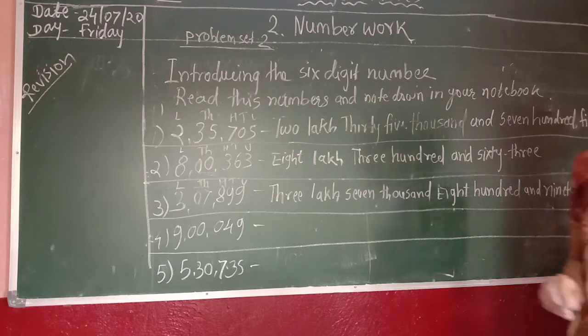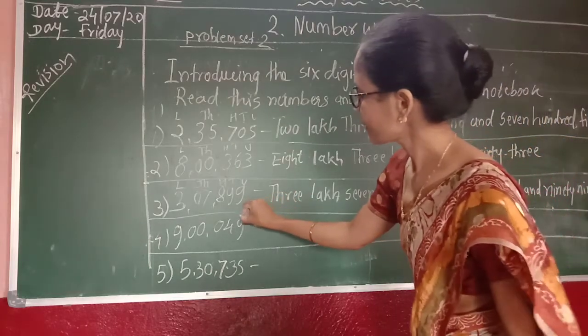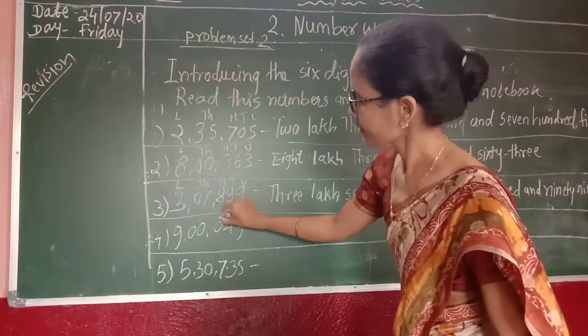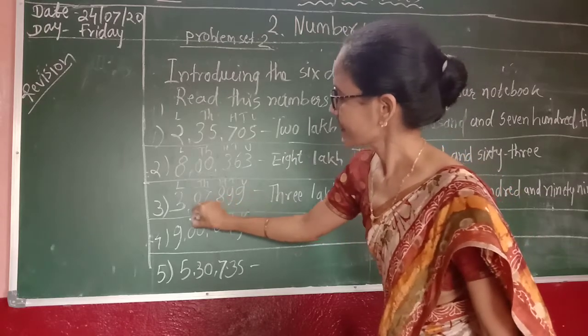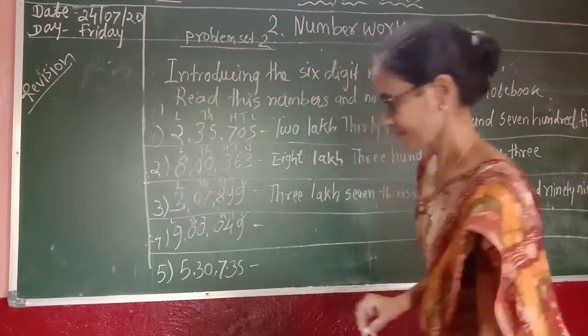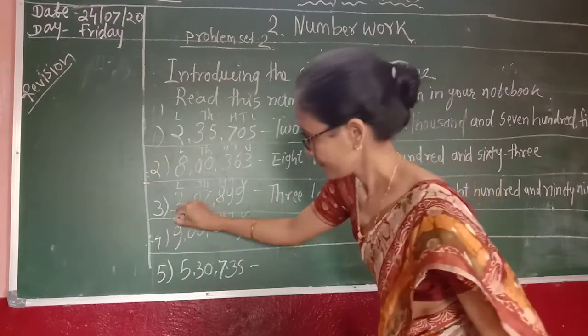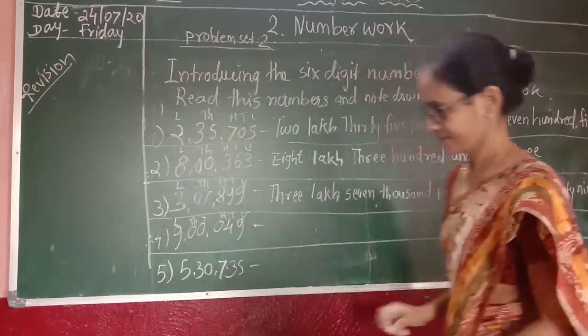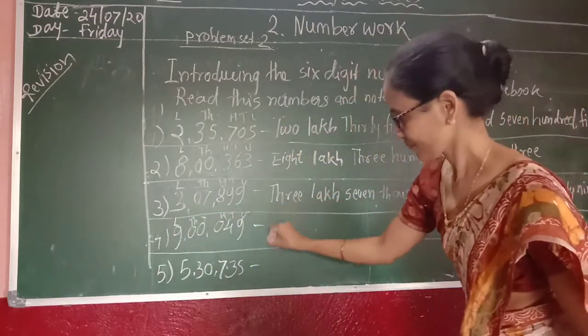Okay. Next, this is unit place, 10 place, 100 place, 1000, 10,000 and lakh. How to read this number? 9 lakh.